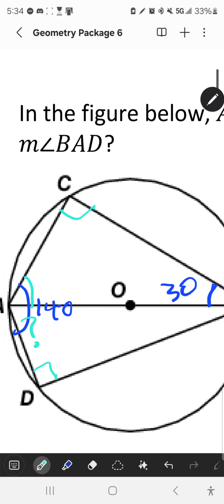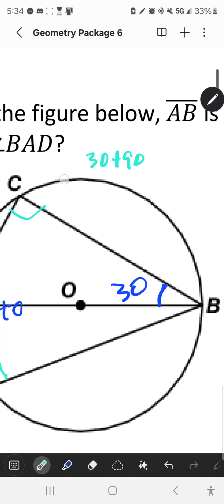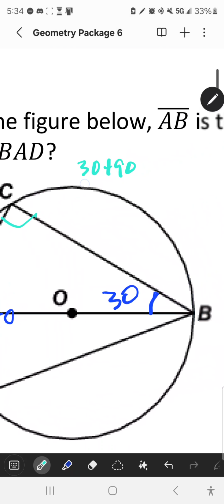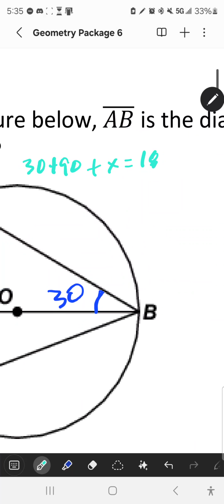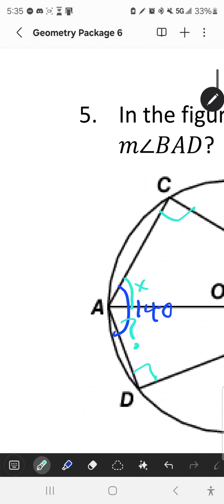So I can say that 30 plus 90 plus x equals 180. 30 plus 90 is 120, so 120 plus x equals 180. We subtract 120 from both sides, and 180 minus 120 is 60. So this angle right here is 60.